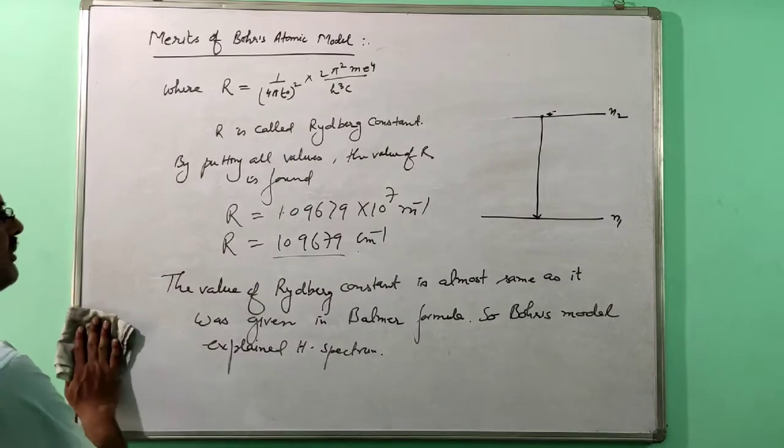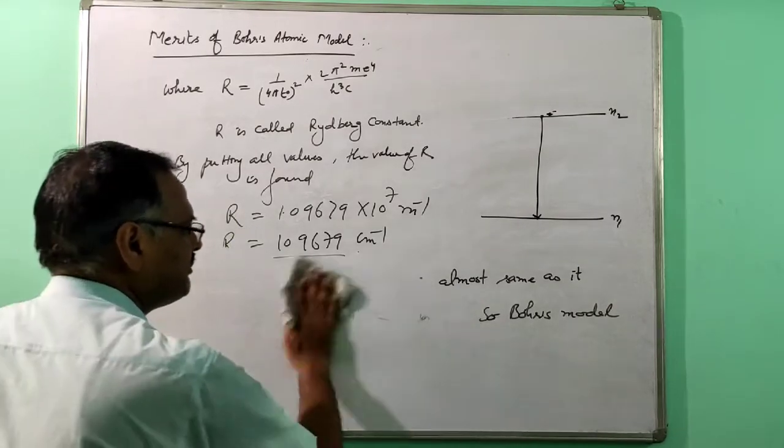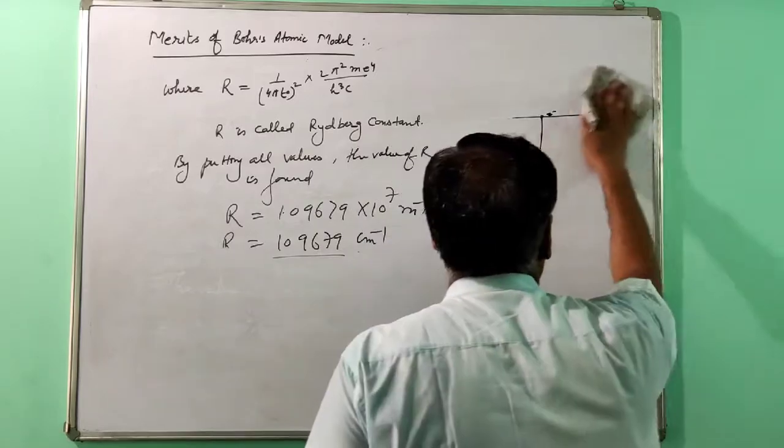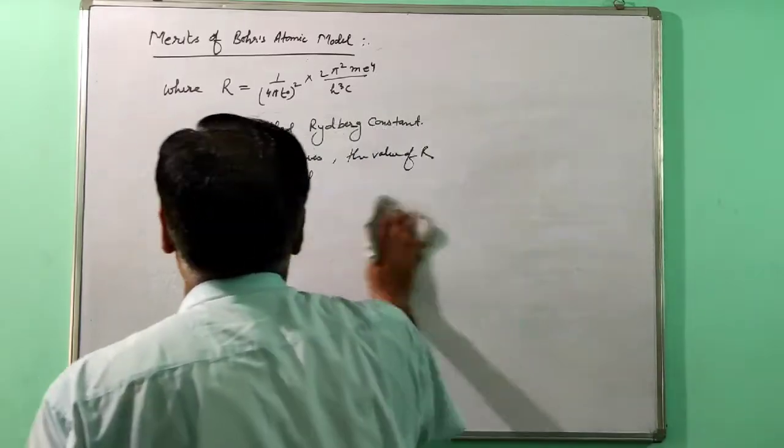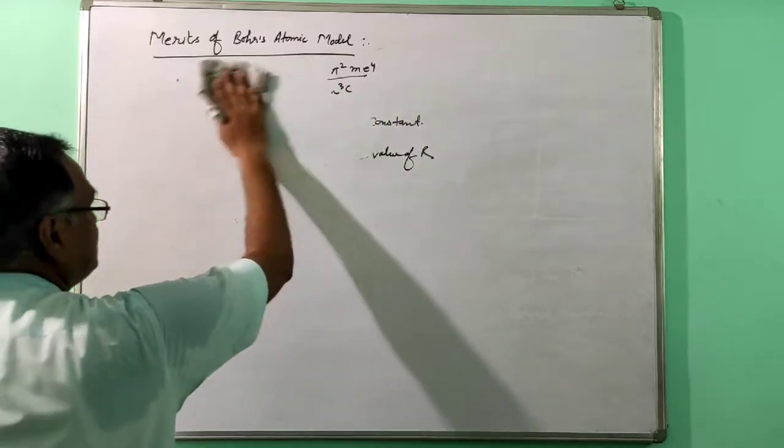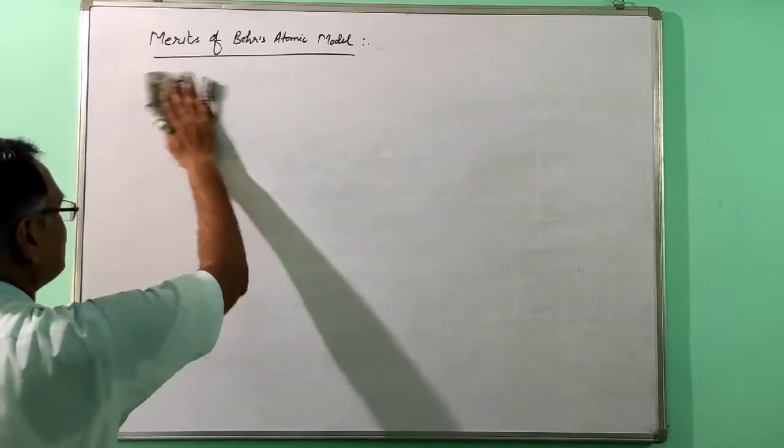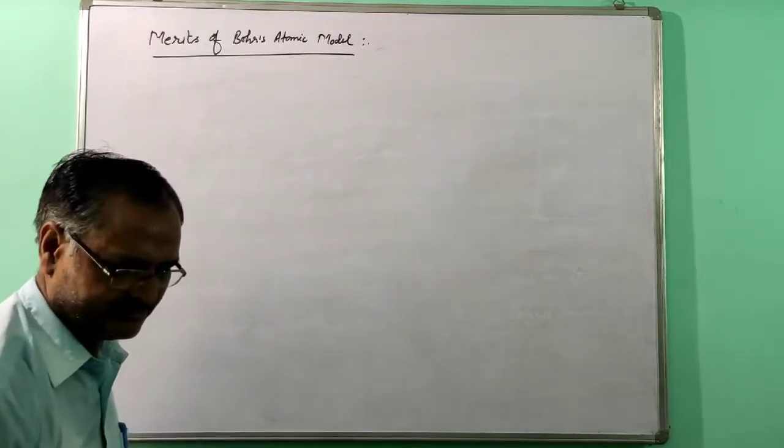The diagram I have given once, but once again you can see how the different lines are obtained in the hydrogen spectrum. So just go through the energy level diagram.